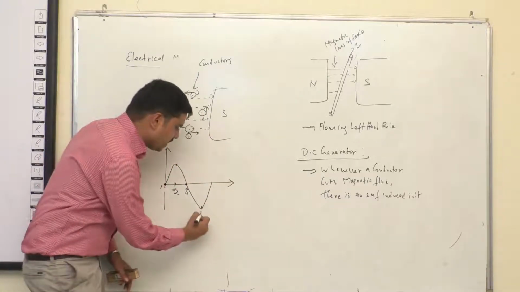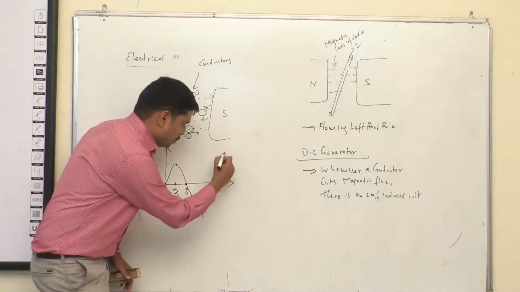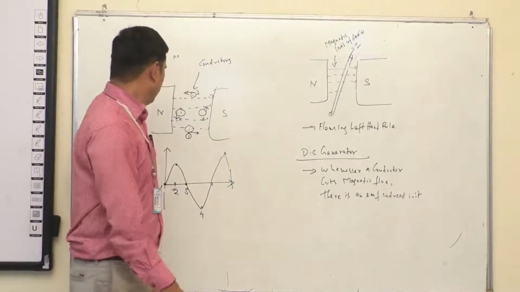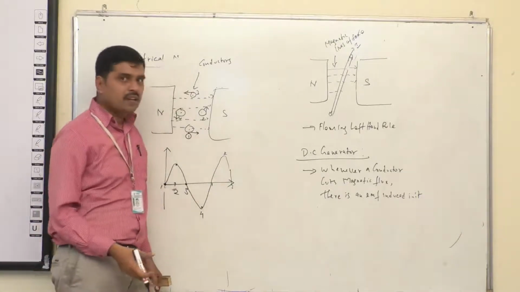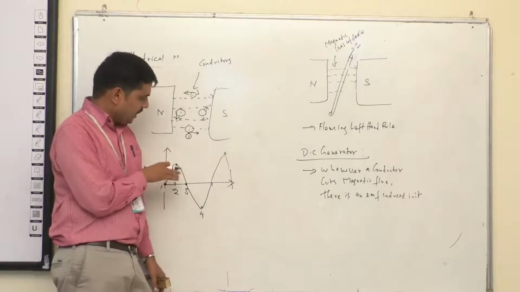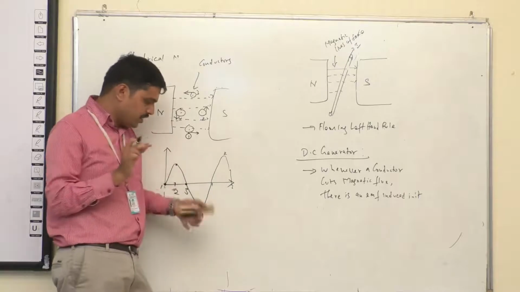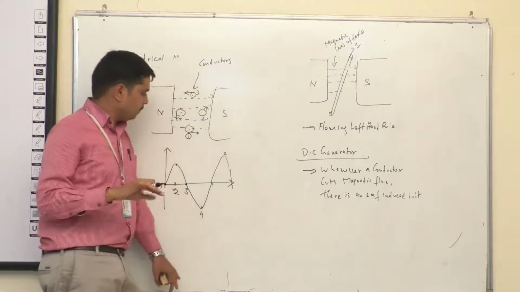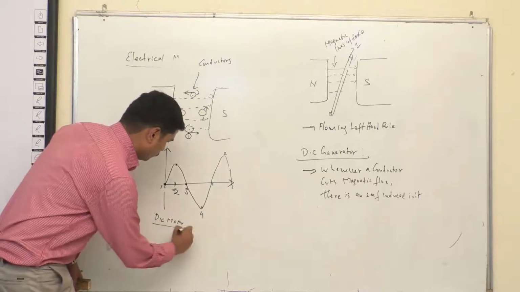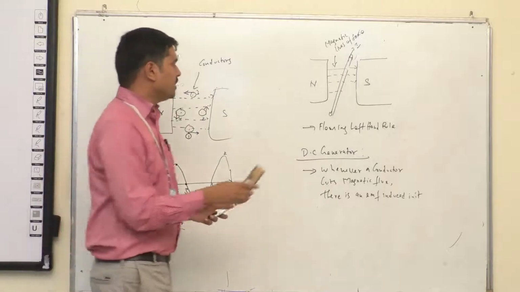Like that, it forms a sinusoid, and vice versa it goes again to position 2 and position 3. So that is a sinusoidal wave, the EMF produced here. So it is called an AC generator. If you use a commutator there, it will change to a DC machine. So this is nothing but a motor and generator.